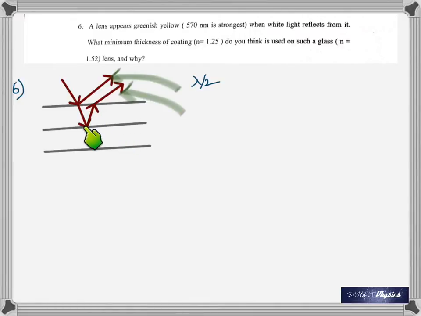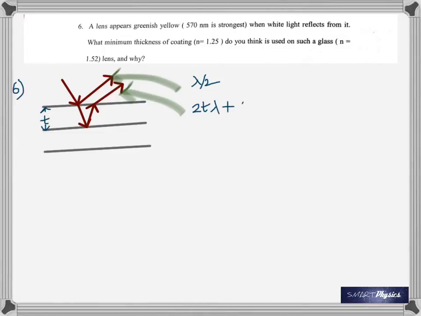So that additional path jump of lambda by 2 takes place in both reflections 1 and 2. But this ray additionally travels this distance here, which is about 2 times the thickness of the coating. Therefore, this path difference should be 2 times the thickness of the coating.